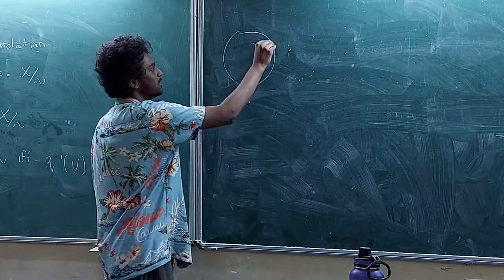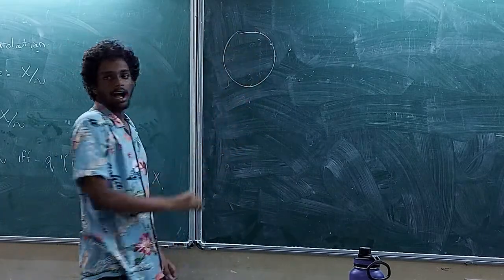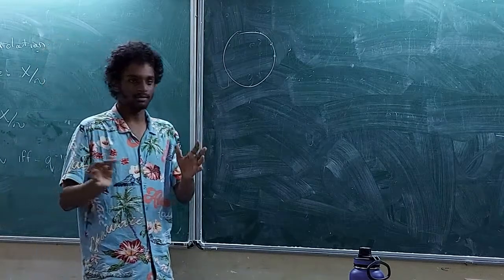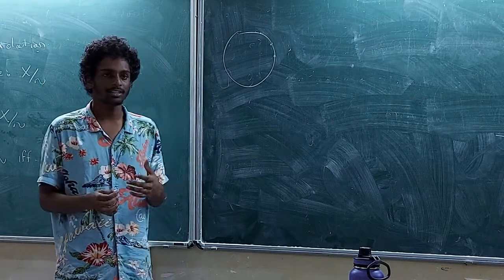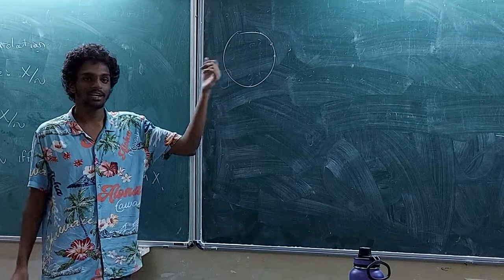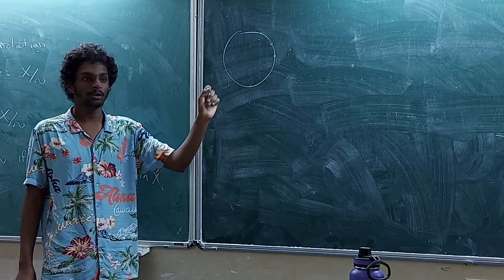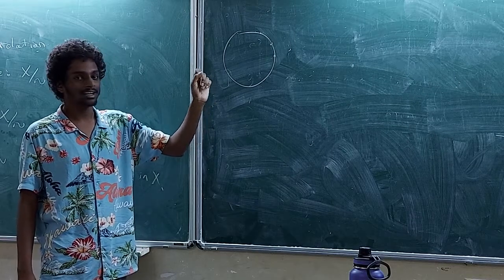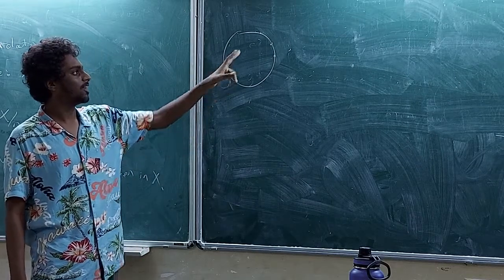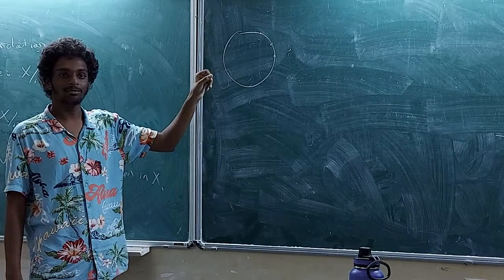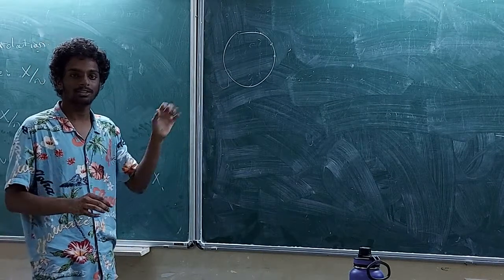Do you intuitively see that when I rotate with an irrational angle, I will never come back to any of my points? And in fact, it will go much farther than that. The set of points that I'll finally get on my circle will be a dense subset of this circle, right?